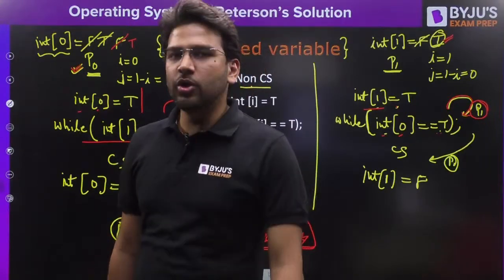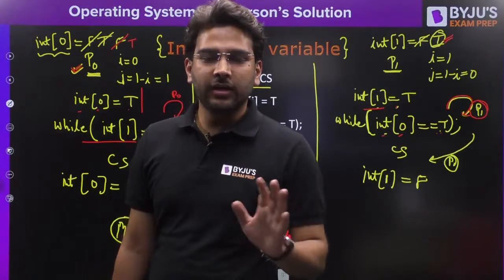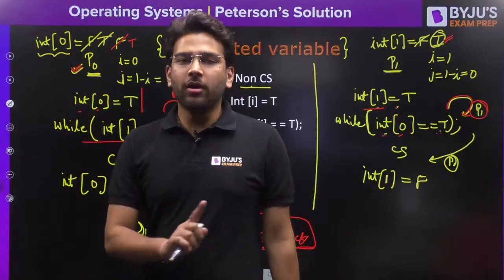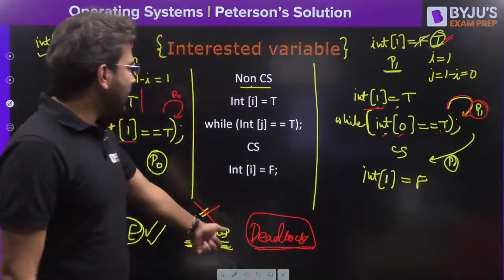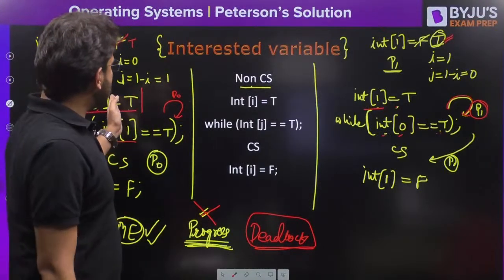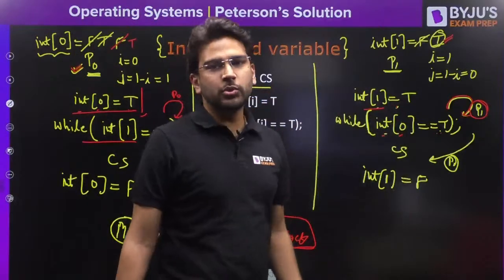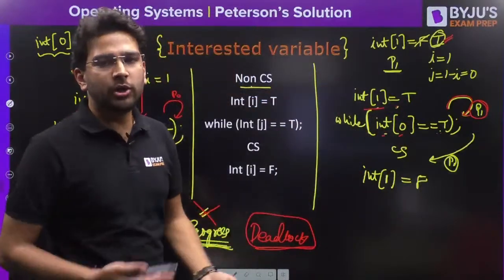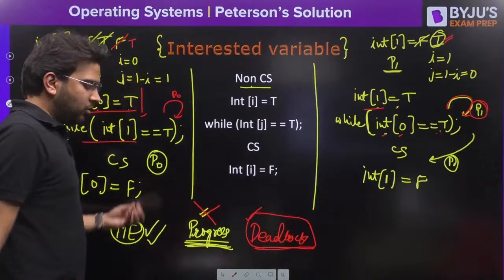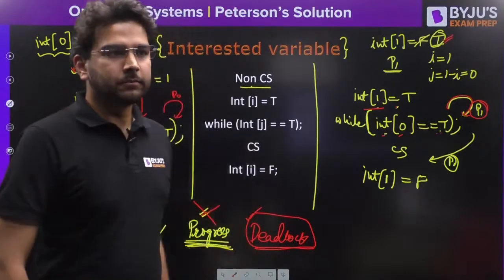But as we know the concept that if deadlock is there, progress is not satisfied. Yes or no? Everyone agree? We can see clearly that we have the case of deadlock when P0 executes this statement and got preempted, and then P1 executes this one. So both the processes will not be able to execute further. In that case, deadlock is there, and we know if deadlock is there, progress will not be there.